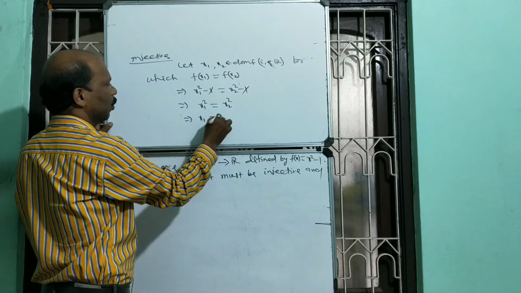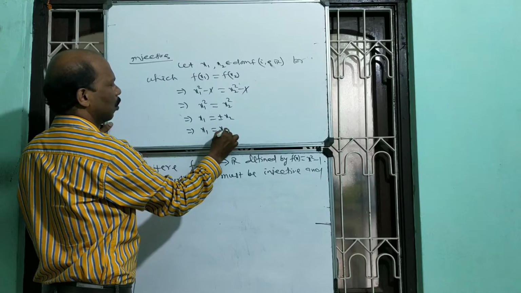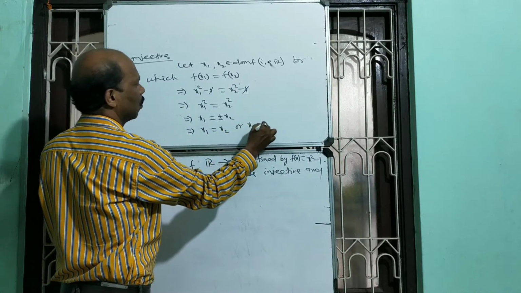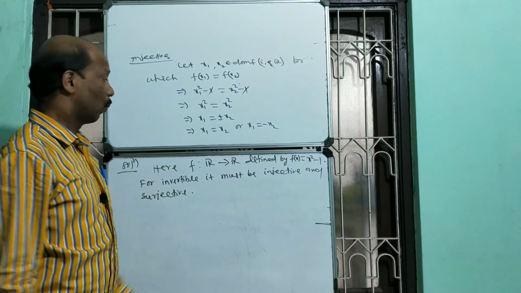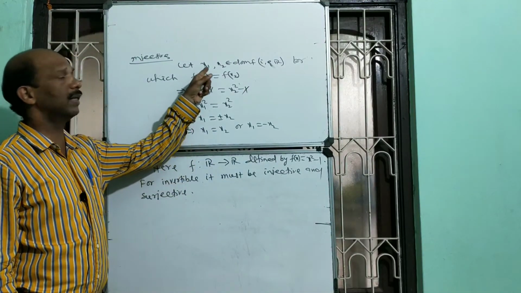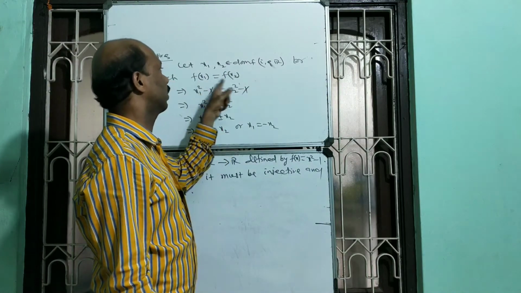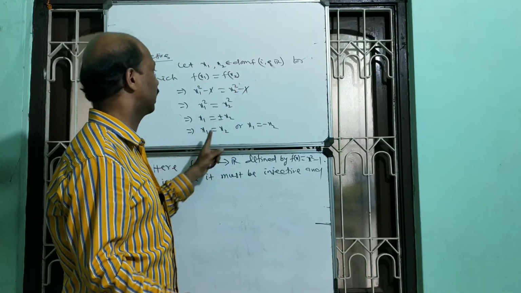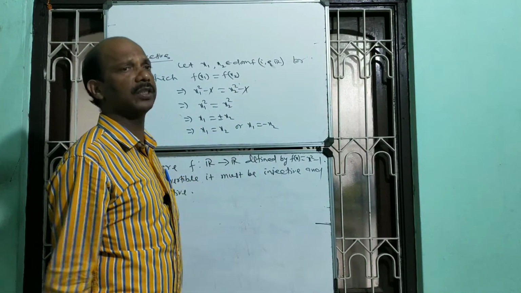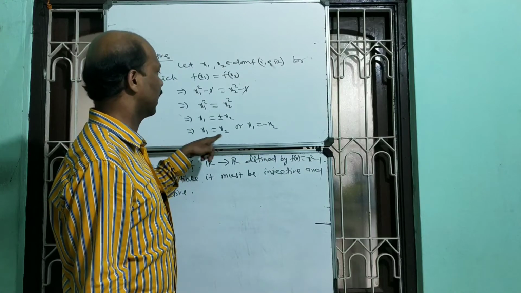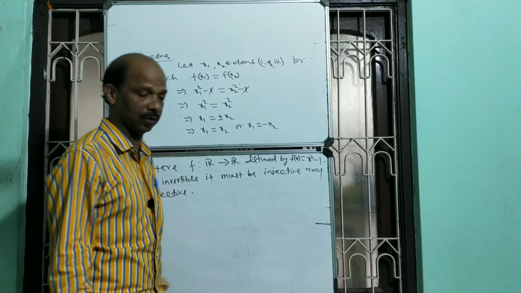That implies x1 is equal to plus or minus x2, that is x1 is equal to x2 or x1 is equal to minus x2. Here, two conditions arise. For injective, we have to take two elements from the domain, x1 and x2, for which f of x1 is equal to f of x2, and if we show that x1 is equal to x2 is the only condition, then the function is said to be injective. Here there are two conditions, x1 is equal to x2 or x1 is equal to minus x2.